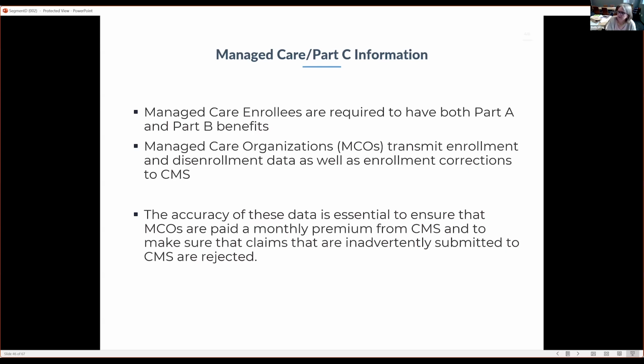Managed care organizations transmit the enrollment, disenrollment information, as well as enrollment corrections to CMS. So again, CMS doesn't assign people. The plans say, here are the people who are enrolled. The accuracy of these data ensures that they're paid a monthly premium from CMS, but also they use it to make sure that claims that are inadvertently submitted to CMS are rejected. So if somebody is in managed care and then a hospital submits the claim, CMS would reject it, saying they have other insurance.